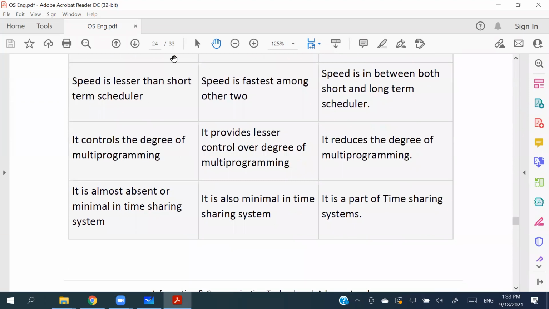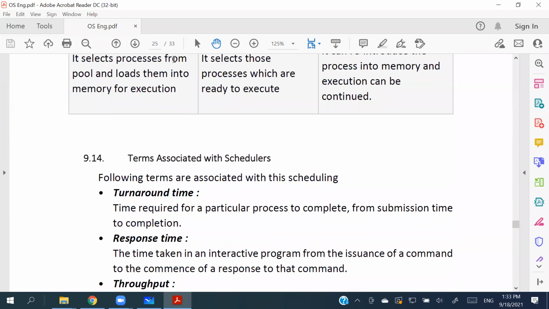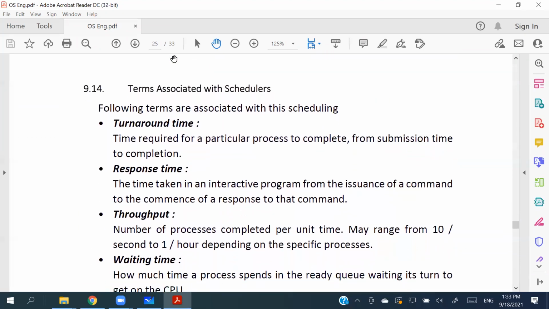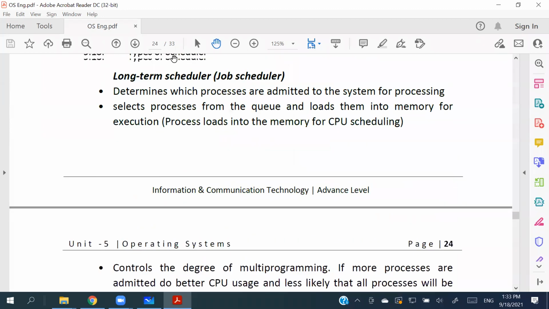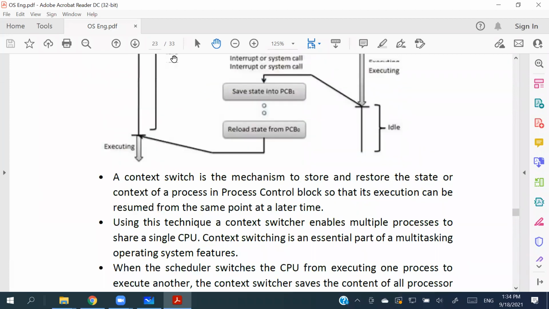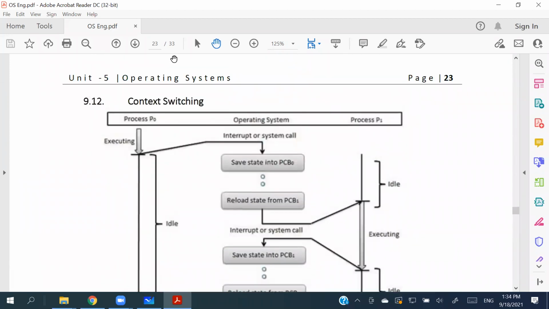Then after that, we can get to know about these terms and the scheduling policies. Likewise, we can continue. Anyway, by next week I am going to start from the operating system. Then I am moving to the GATE questions to do its very last things.